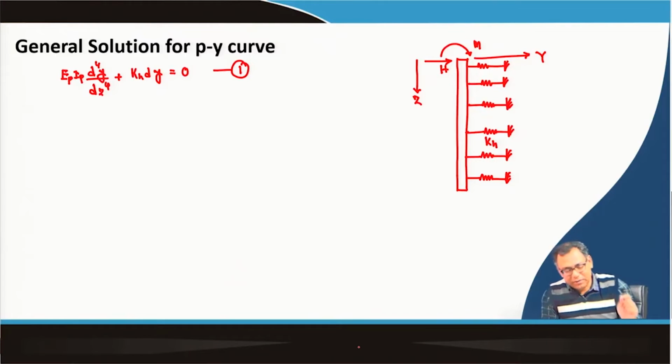In the shallow foundation case we used K into B, where B is the width of the foundation and K is the subgrade modulus, but here we are using K h into D. D is the diameter of the pile, or if it is a square pile it will be the width of the pile.